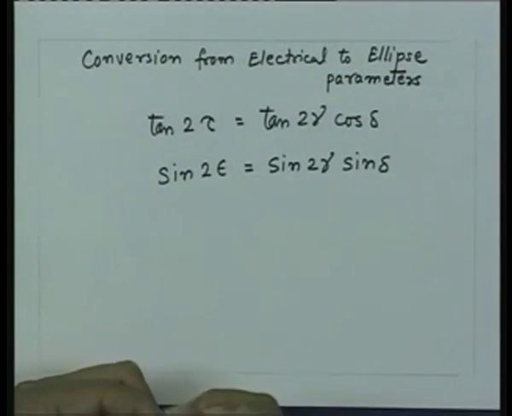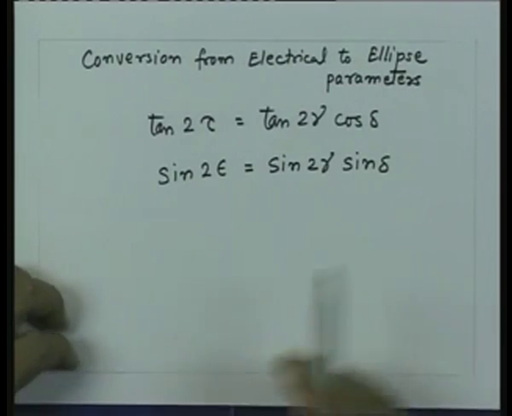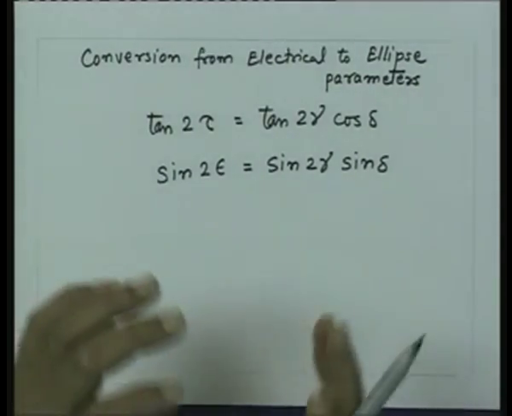As we mentioned last time, in practice we may have the opposite problem: we would like to generate a certain ellipse and want to know what the electrical parameters should be. So we also require a conversion from ellipse to electrical parameters.